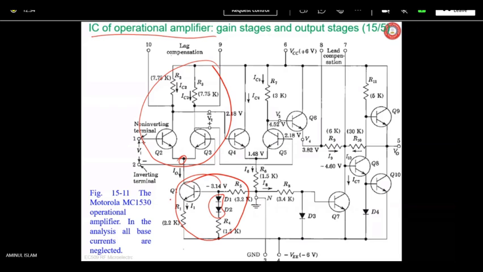The input resistance 10.4 kilo ohm we have obtained, so dividing by 2 we get 5.2 kilo ohm. This resistance is effectively connected from each collector of Q2 and Q3 to ground. So this resistance value, whatever we discussed, is actually connected from this point to ground.